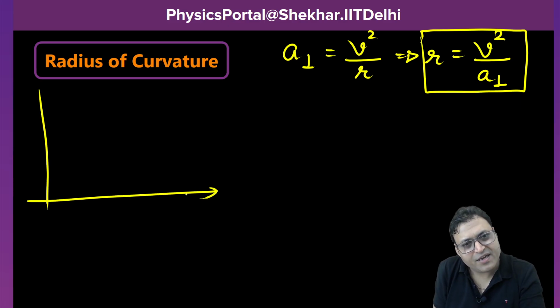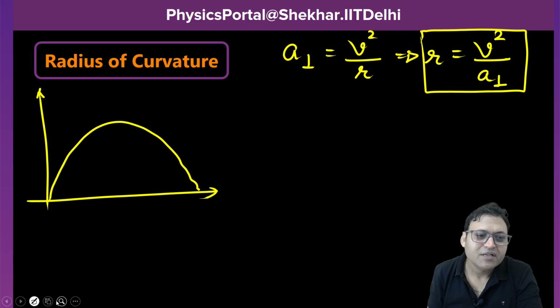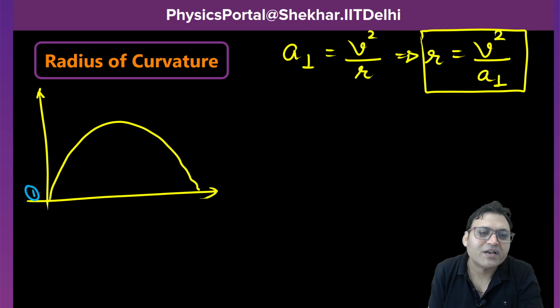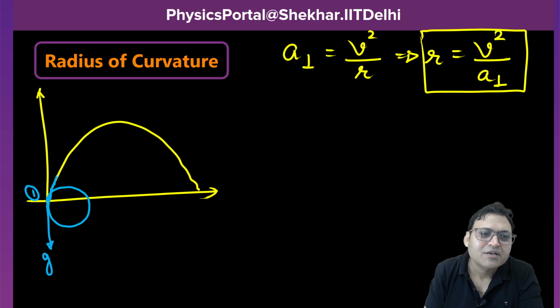So if we draw the projectile motion, if I talk about this point 1, here the particle is moving along this circular path, let us say here. Acceleration due to gravity is acting in downward direction. The initial velocity is u, and this angle is theta.